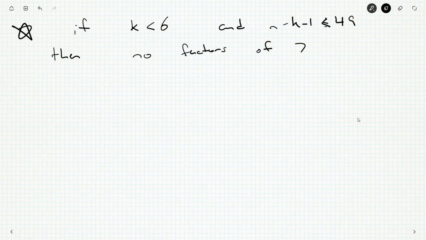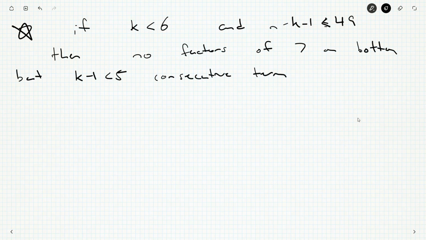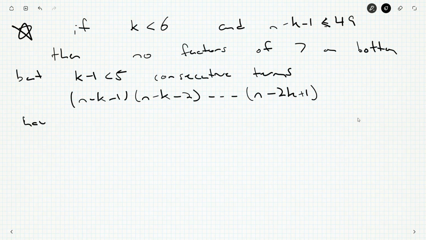No factors of 7 on the bottom. But k minus 1, which is less than 5, consecutive terms, n minus k minus 1, n minus k minus 2, n minus 2k plus 1, have at most one multiple of 7, and therefore one factor of 7.